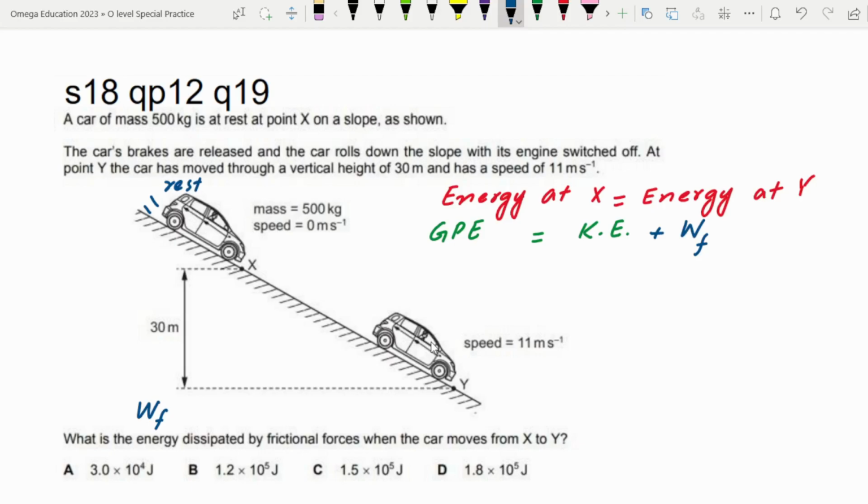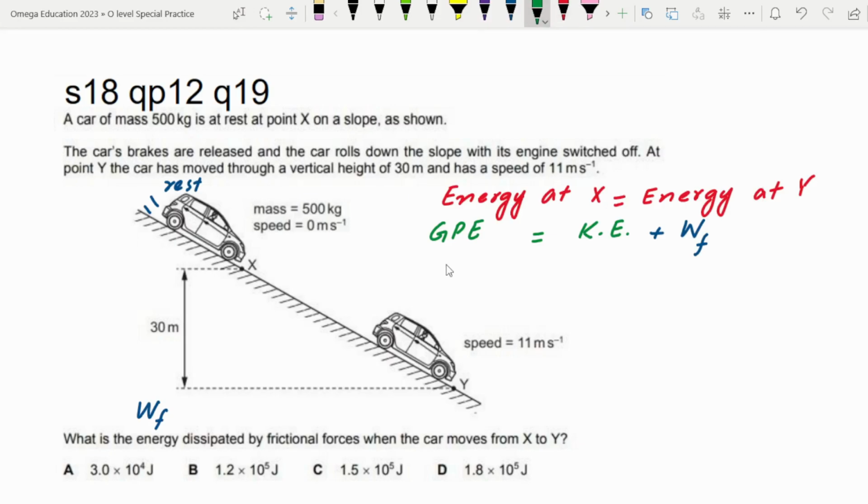It could have been there in the previous case as well, in the question where the train was moving forward, but in that question they did not mention the air resistance or the friction. So we did not have to compensate for friction. In this one, they say what is the energy dissipated by the friction forces. So the friction forces are there.